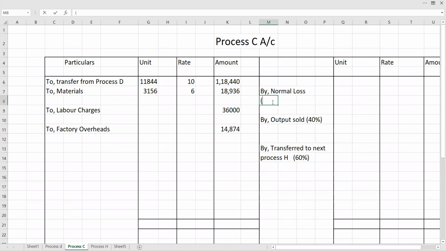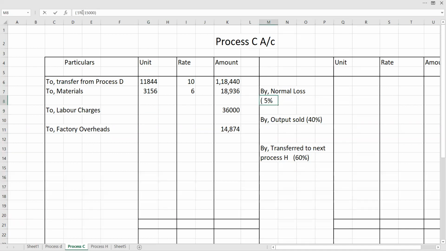Normal loss जे percentage आहे ते आपण input units वरती calculate करतो. So 5% on process C. Normal loss 5% on 15,000. आता हे 15,000 कसे आले? तर जे इनपुट युनिट्स आहेत, प्रोसेस डी मधून जे काही ट्रान्सफर होऊन आलेले युनिट्स आणि the units of process C, या दोघांचीही टोटल घ्यायची आपल्याला आणि टोटल जेवढे युनिट्स आहेत त्याच्यावरती 5% कॅल्क्युलेट करायचे.